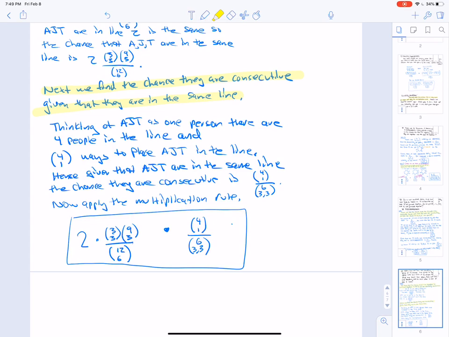But there's no reason that they have to be consecutive in the first 3. They could be consecutive in positions 2, 3, and 4, and so on. So we're just going to think of Adam, Jess, and Tom as a conjoined special person, and so there are 4 choose 1 ways the special conjoined person can be in the line. So we'll get 4 choose 1 over 6 choose 3, 3. And then we're just going to apply the multiplication rule to get the boxed formula.